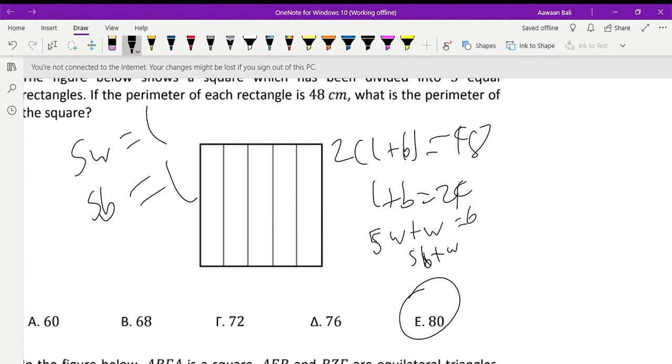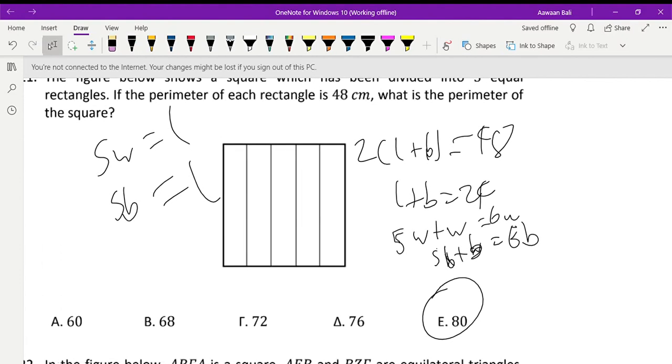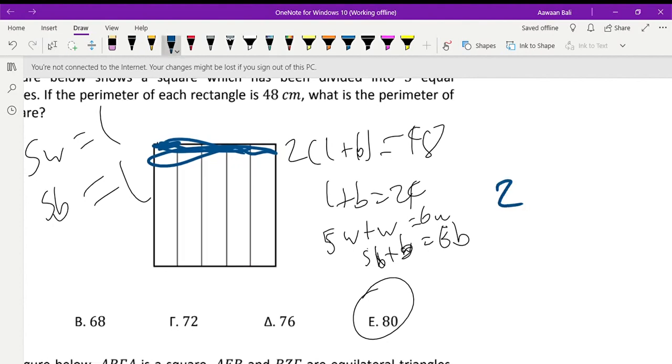It's 6 width or 6 breadth. Either way you say 24 divided by 6 is 4. So your width or breadth is 4. Now, since we know that's 4, 4 times 5 is 20, which means the whole side is 20. So the perimeter of the square, since the perimeter is 4a, where a is the side, so we substitute the side. 4 times 20 is 80. Therefore, the answer is eta, 80.